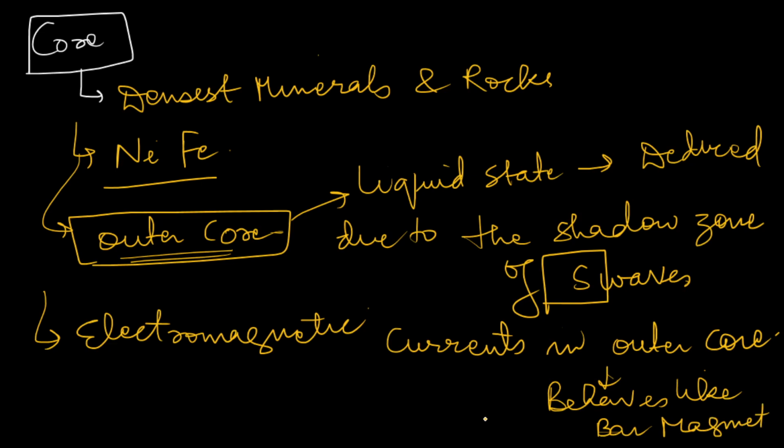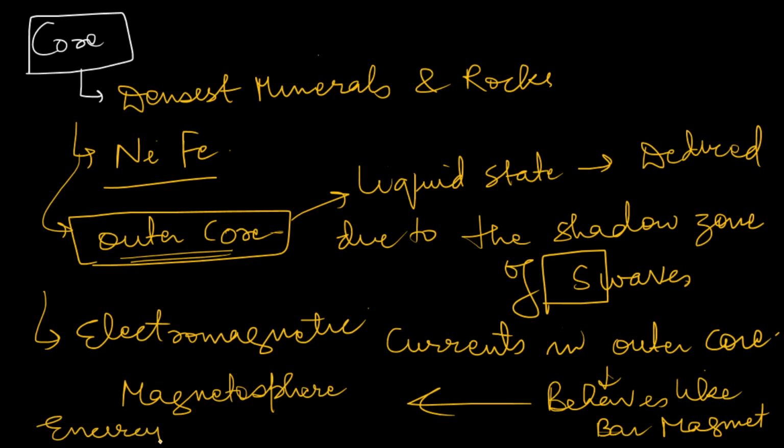That is why there is a magnetosphere encircling the Earth. We will discuss in very detail in the coming lectures about the magnetosphere, what is aurora borealis, and what is aurora australis. All things will be discussed.